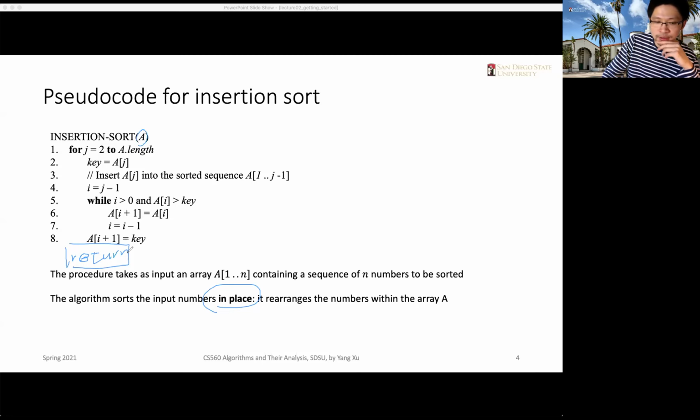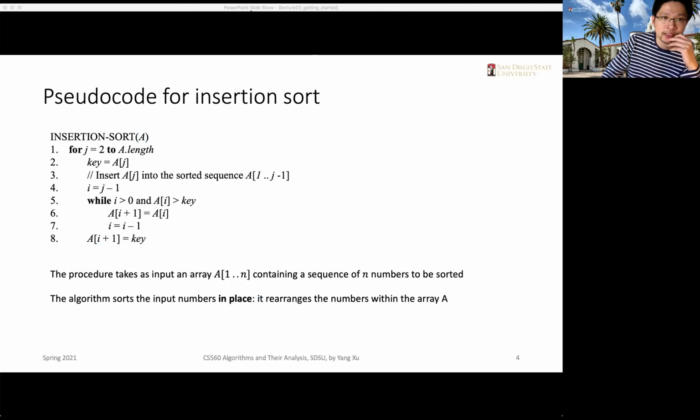It doesn't cause untraceable changes in the program. And this in-place change is very commonly seen in the imperative programming style. But it doesn't matter a lot in this course, because it's the efficiency that we care most about.